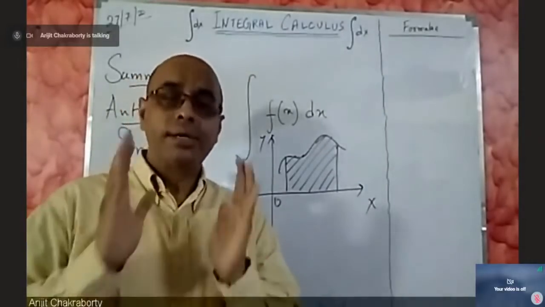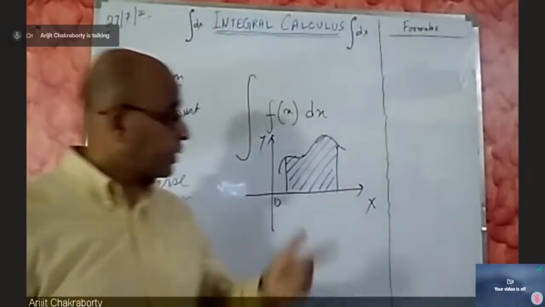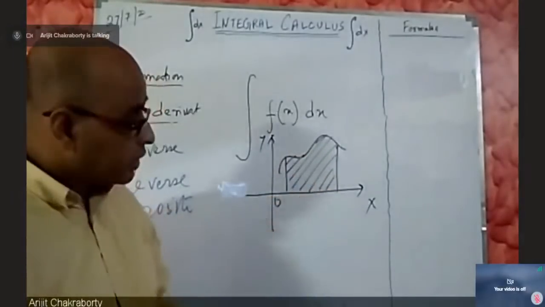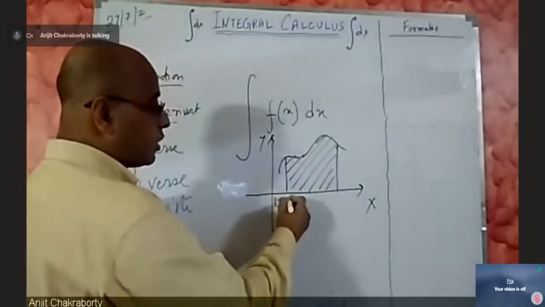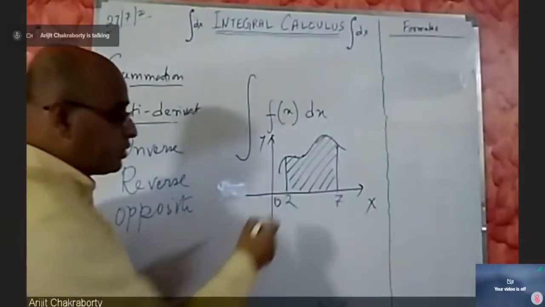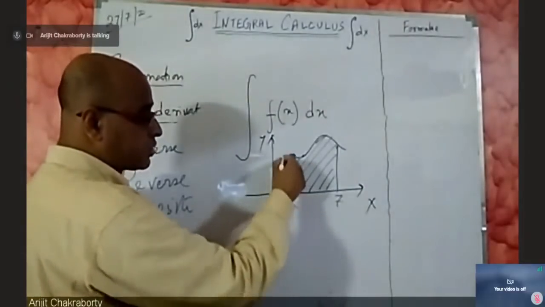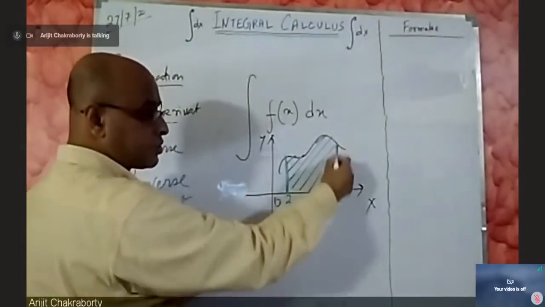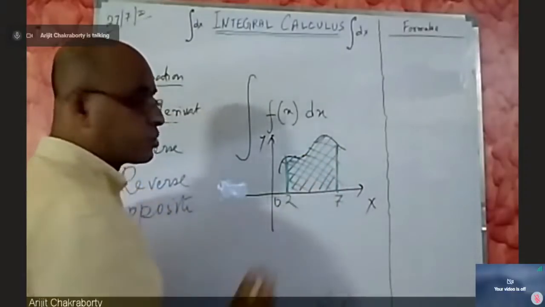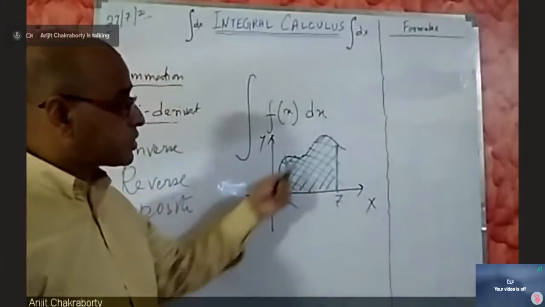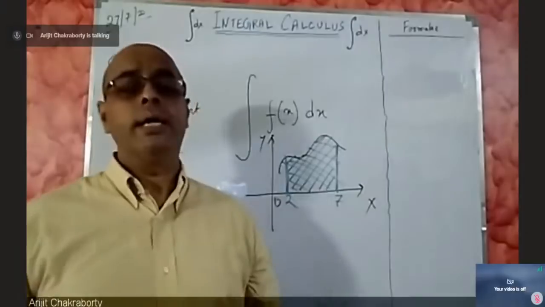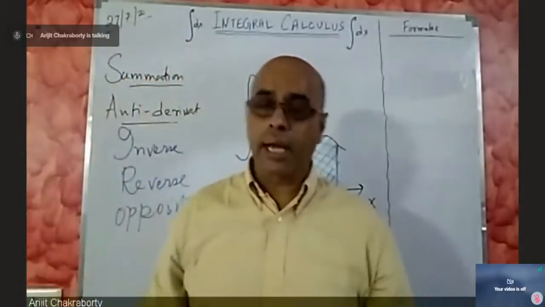Definite integration means that I am trying to find the total area under a curve, say between the points x equal to 2 and x equal to 7. Between x equal to 2, which is this line, and x equal to 7, which is this line, the total area between the x-axis and the curve can be computed using the principles of integral calculus.